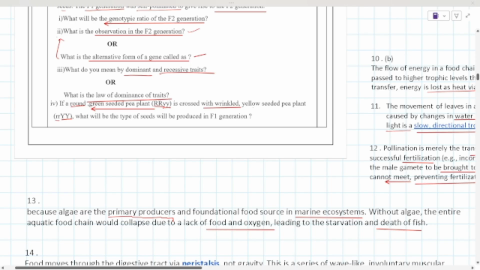One will be round yellow, round green, wrinkled yellow, and wrinkled green. Okay, let's see the explanation.